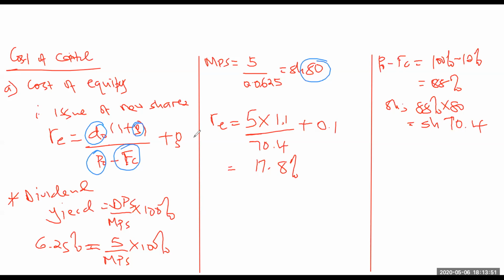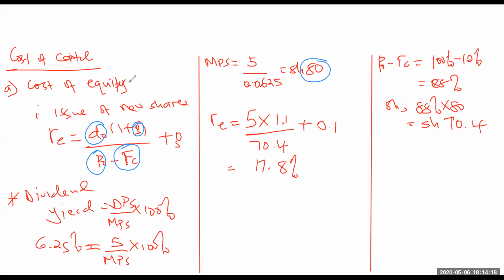So that becomes our next working. Working 2 is the cost of retained earnings. Don't forget, it's still part of equity.